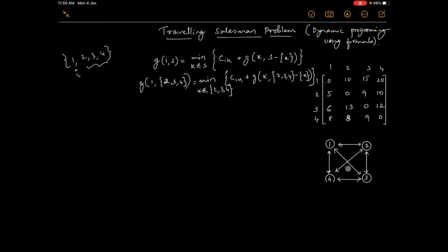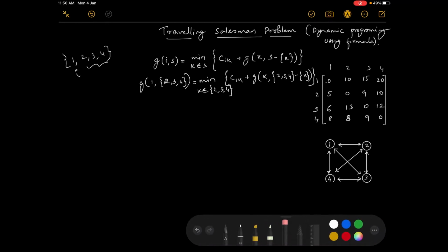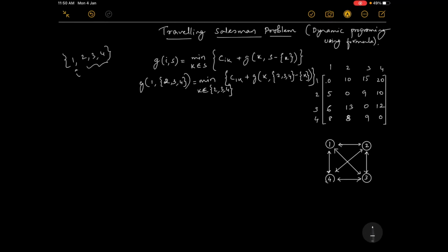Okay, so the problem statement is, we have to understand the traveling salesman problem. Suppose the traveling salesman is in position 1. Okay, he can go to position 2, position 4, position 3.